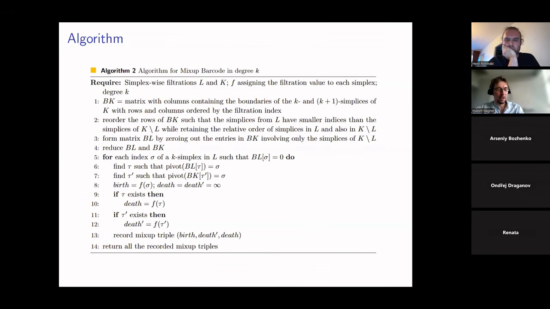I should say, in the end, the complexity is, at least morally, the same as for computing standard persistence for high-dimensional data. The issue with those types of computations is that there is a horrible worst-case complexity, and they tend to work much better in practice.